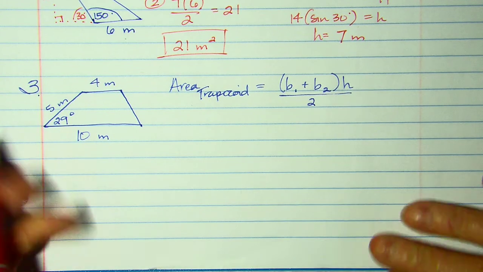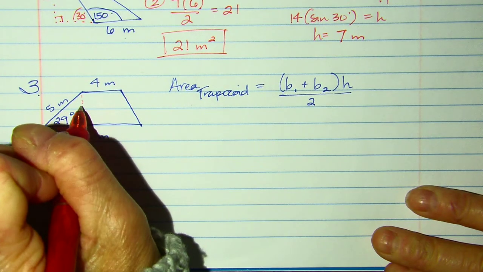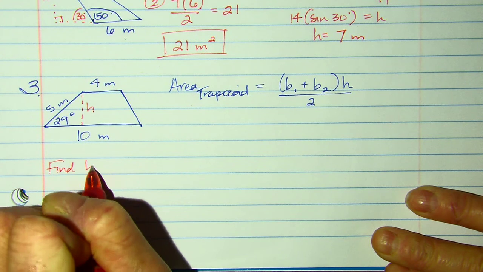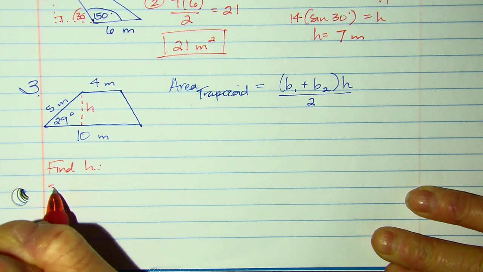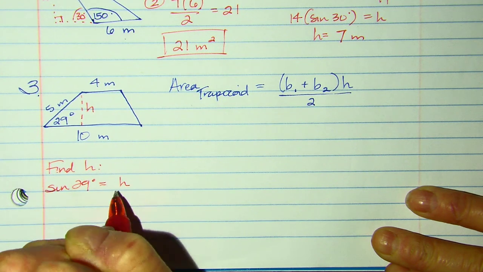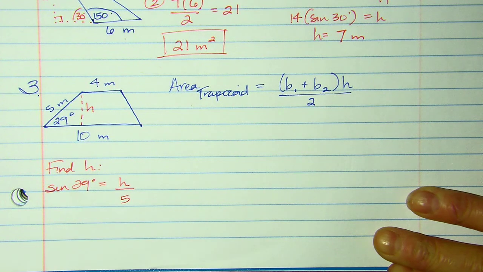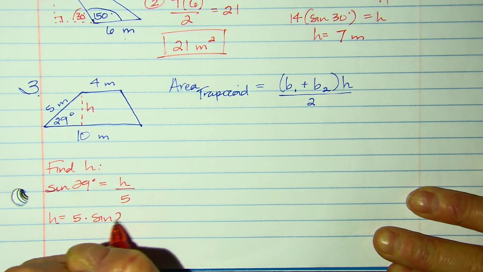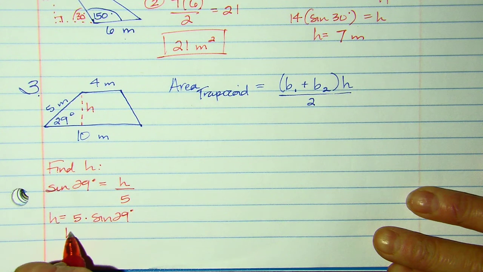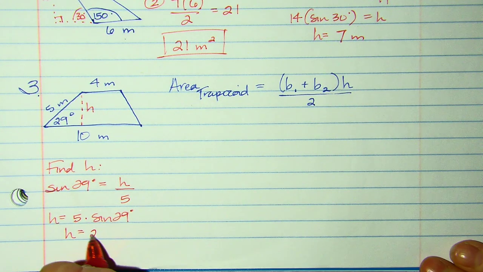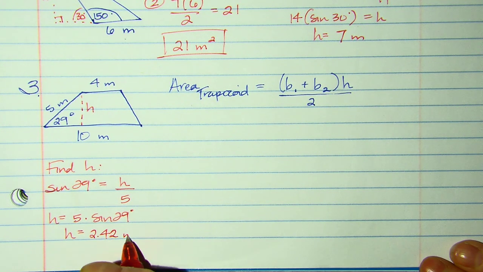So I need to find my height, which would be here. So the sine of 29 degrees equals opposite over hypotenuse. So my height equals 5 times the sine of 29 degrees. So if you input that, I got that my height is 2.42 meters.